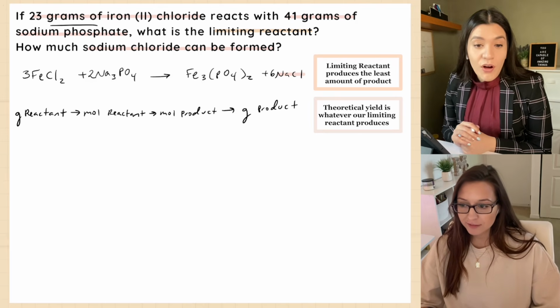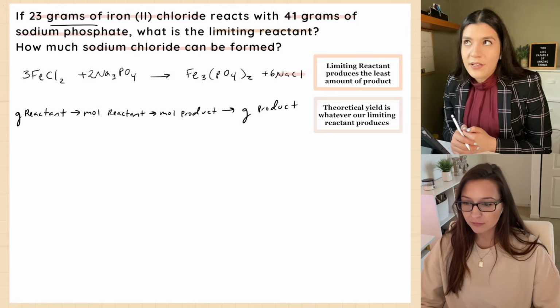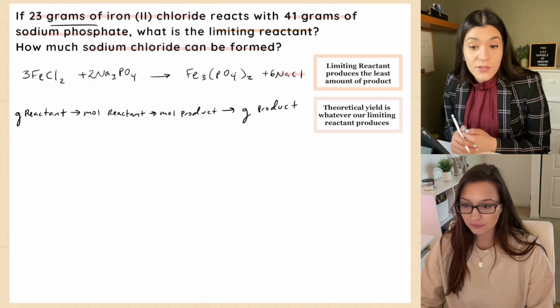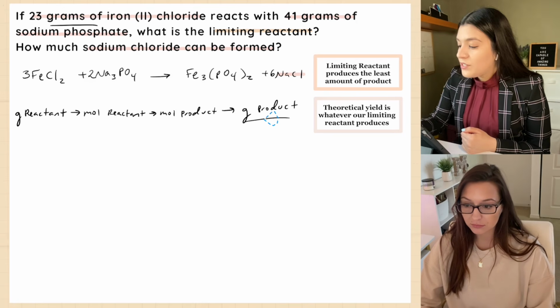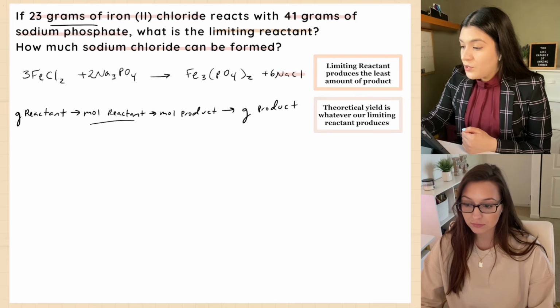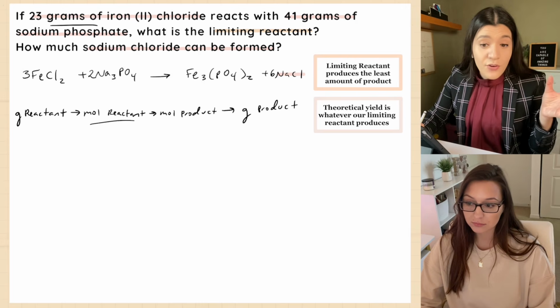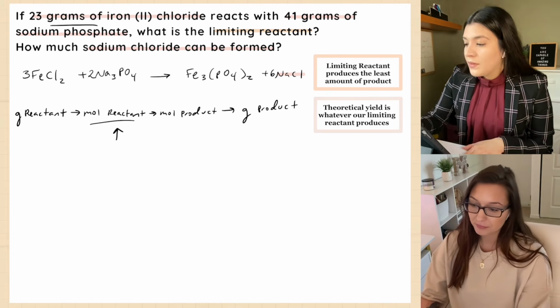So if you're starting off with grams of your reactant and it's asking you to find how much of your product is formed, then yes, you'll go to grams of your product. However, if it starts off with the moles of your reactant, then you would have just skipped the first step and started here. Okay, I see.